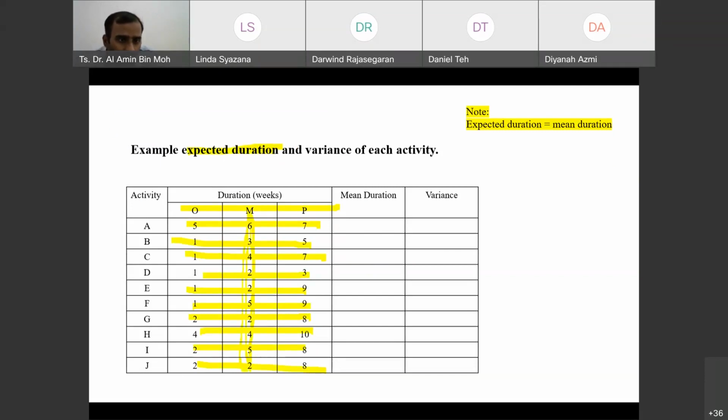But we got only one, so we could easily go straight to constructing the network diagram. But now you've been given optimistic, most likely, and pessimistic. So this is the same activity, but you need to identify the mean duration. Do you want to try this? I'll help you here with the formula.